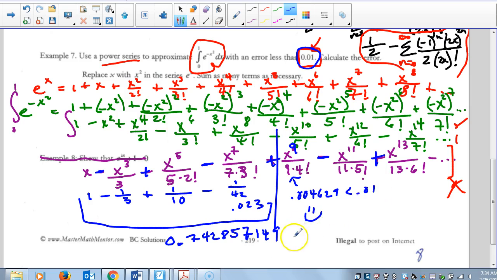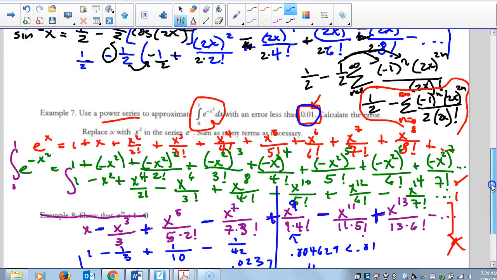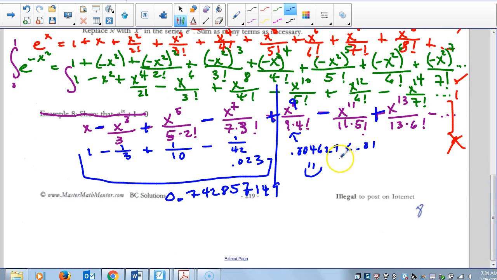And we're saying that is within 0.01 of the actual sum. If I had added forever and ever, that's going to be within 0.01 of the actual sum.